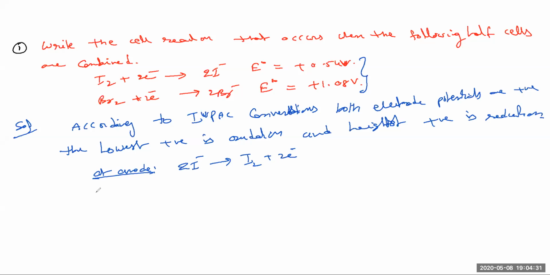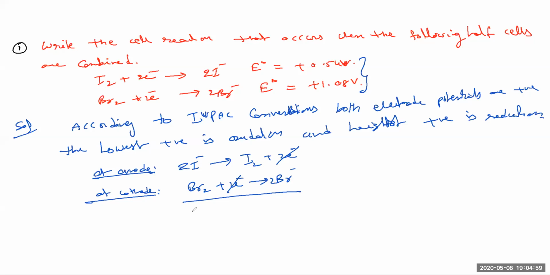Next, at the cathode, what is the reduction? Already that is reduced only: bromine, Br2, is reduced to 2 Br minus. Now by adding those two, we'll get the cell reaction, right? By adding those two, electrons are cancelled.